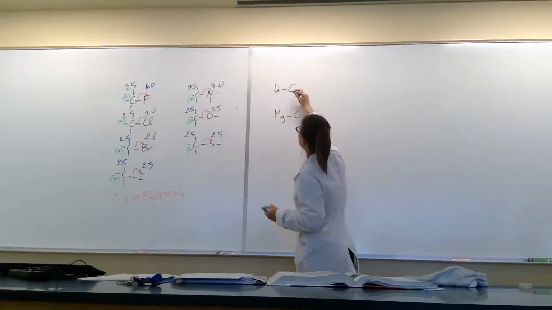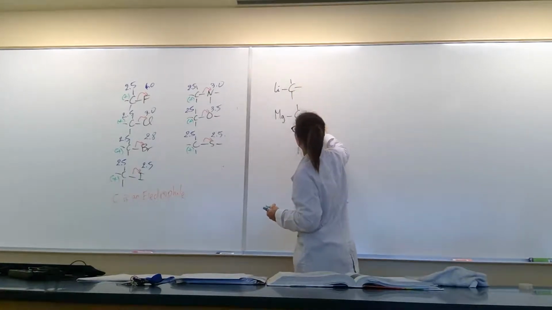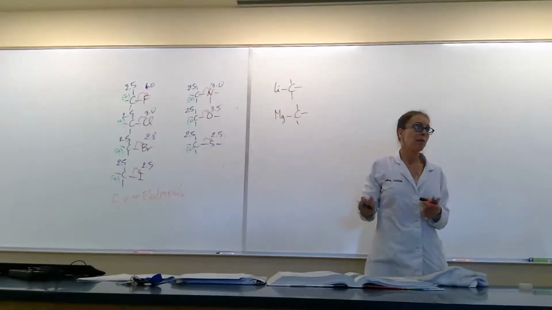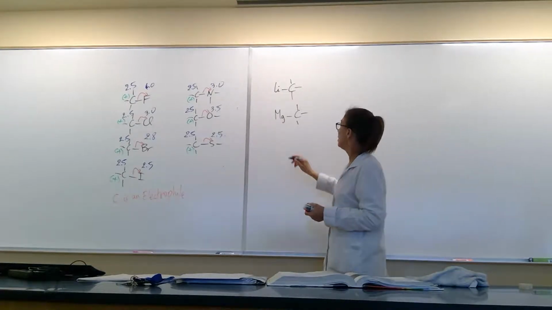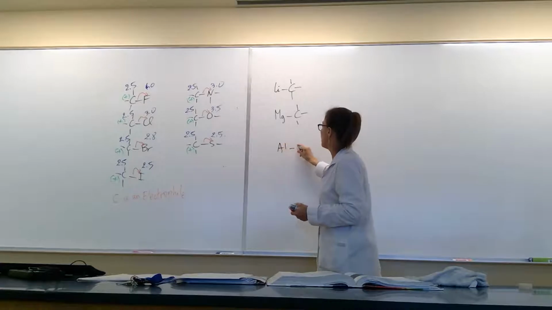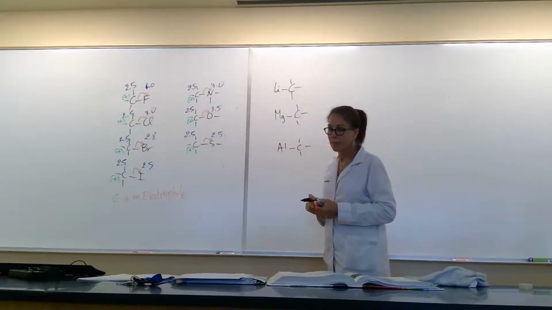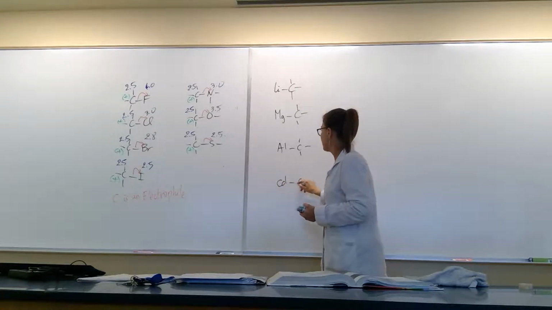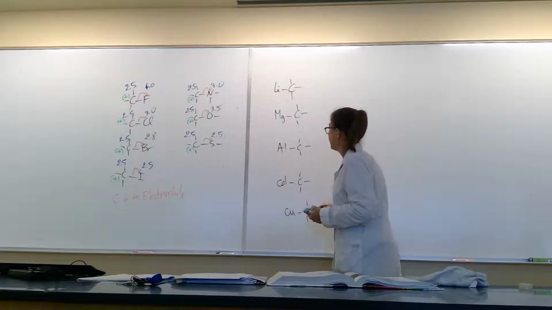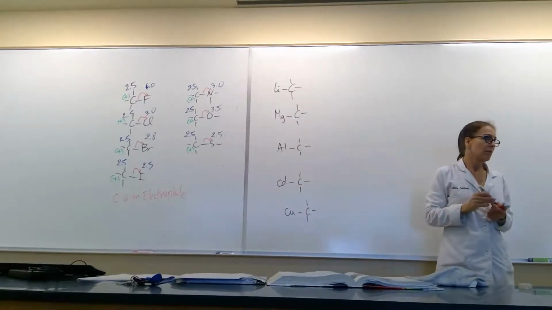I'm not giving the details of what's here. What matters is if you see lithium with a carbon, you also have aluminum with a carbon, cadmium with carbon, and copper with carbon.